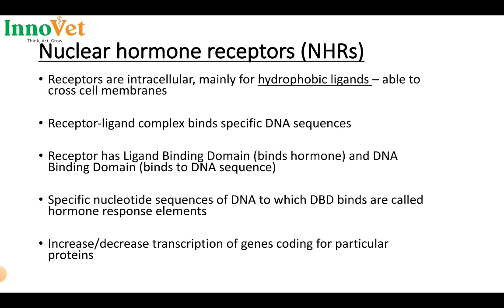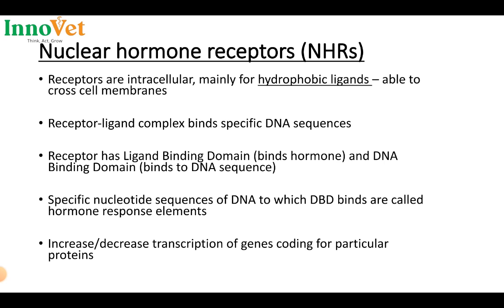So the receptor ligand complex binds specific DNA sequences. And what is the receptor ligand complex? We shall see. In this case, the nuclear hormone receptor has a ligand binding domain, meaning the area where the ligand is going to bind, and also has a DNA binding domain, meaning the area that is going to bind to a specific DNA sequence.